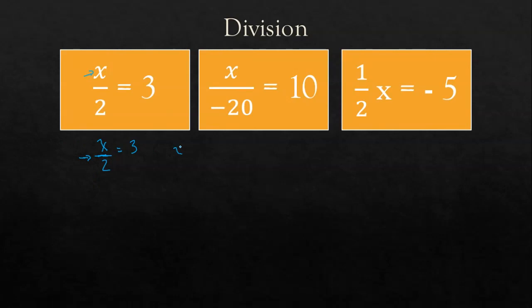So it tells us that x is being divided by 2, and the opposite of division is multiplication. So we're going to multiply by 2 on both sides.